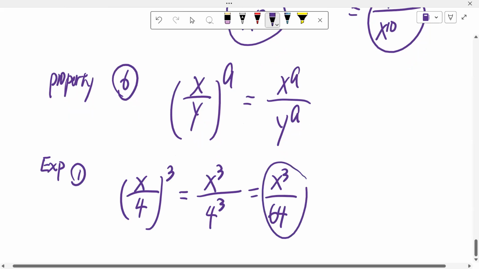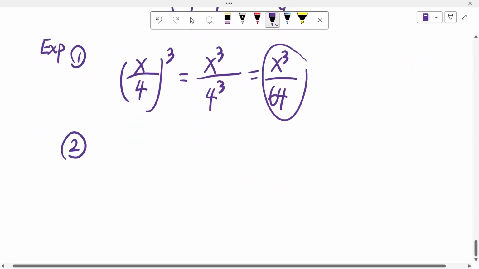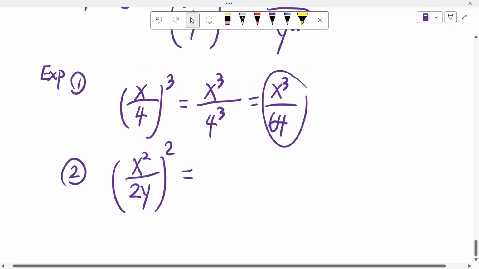And also, we have something like this. We have x squared over 2y, to the second power. Still, we're going to distribute the power to both top and bottom. On the top, you get x to the 4th. On the bottom, you get 2 squared and then y squared.